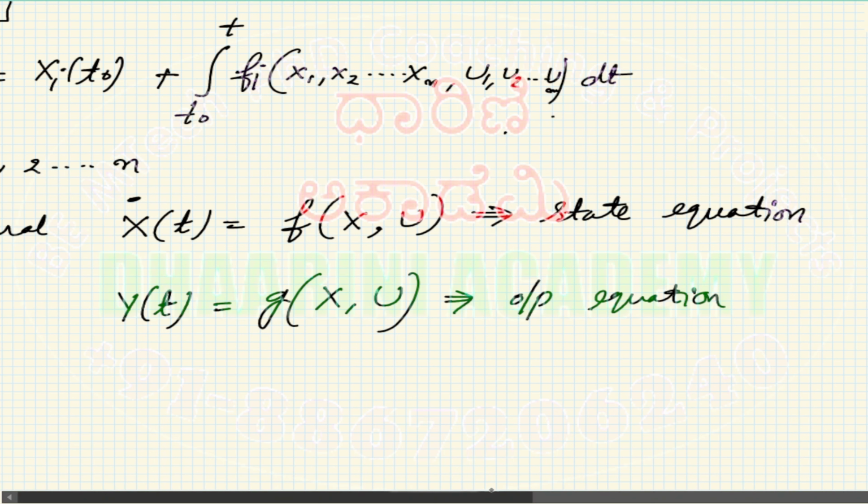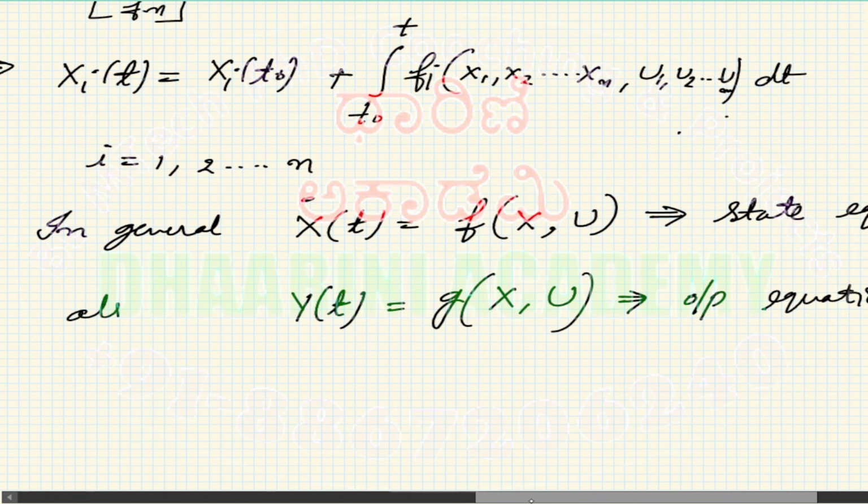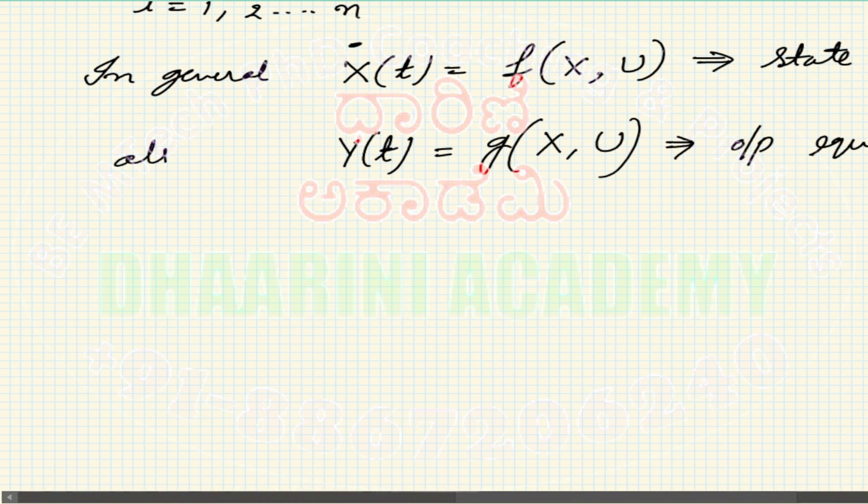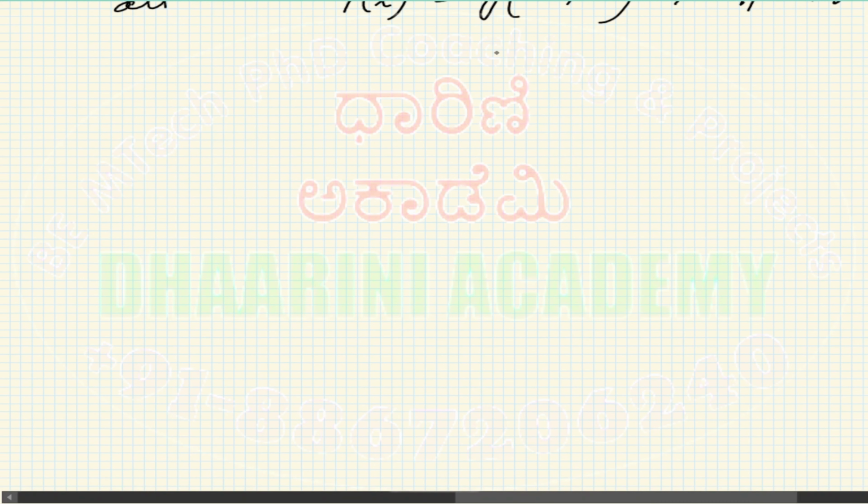Now we'll try to write a general representation of this system. It's again a simple block diagram. We'll write a generalized block diagram, and it could be like this.